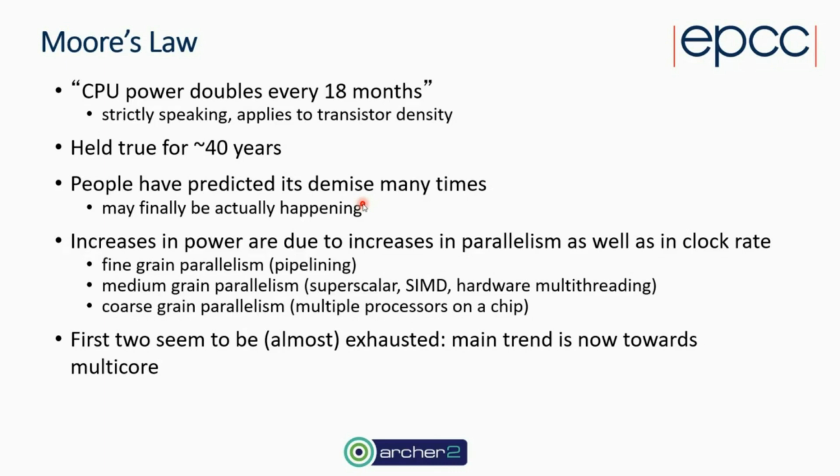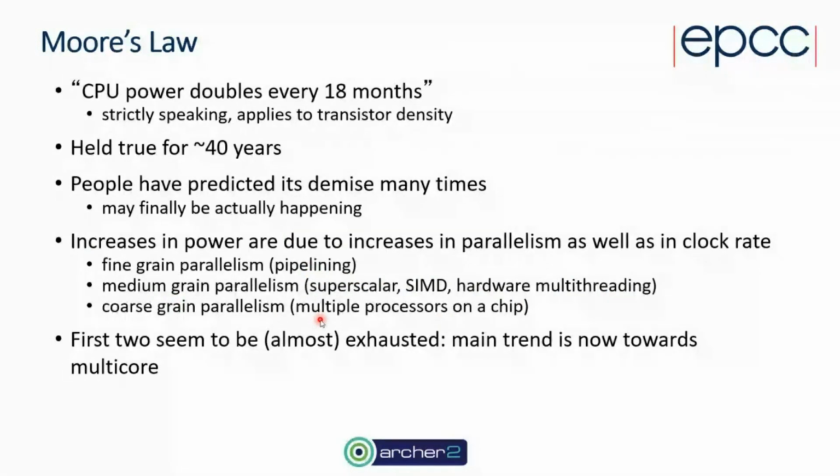But the amount of transistors that manufacturers have been able to pack onto silicon wafers has still gone up. And that means that what processor manufacturers have been doing over the past 10, 15 years is to improve performance by using the transistors to add extra functionality to a processor, like pipelining and superscalar.